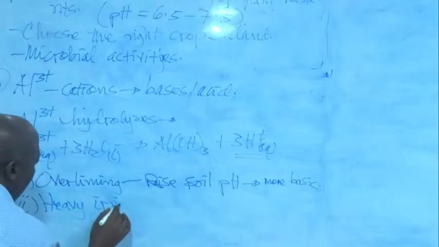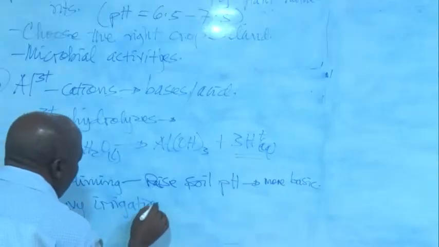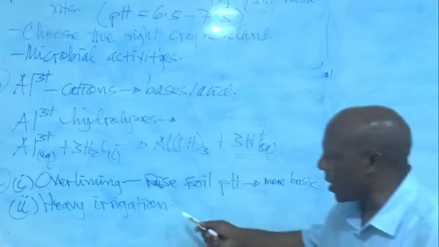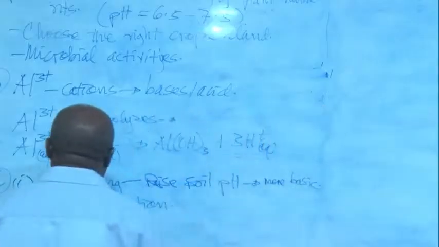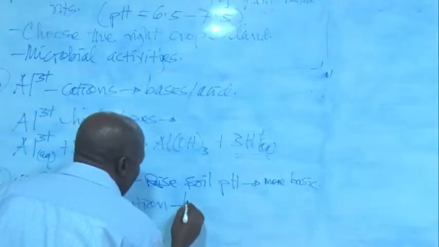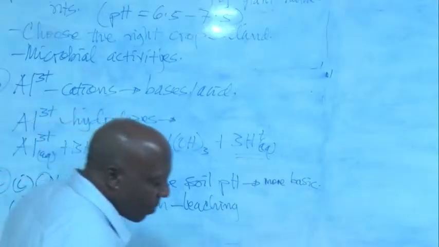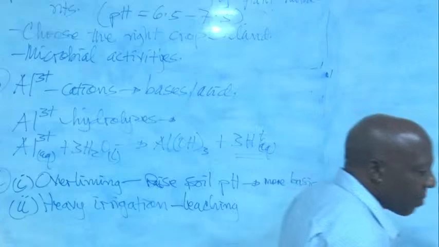The effect of heavy irrigation in the soil. Now this also can happen if it rains heavily. Heavy raining can bring the same effect as heavy irrigation. Heavy irrigation leads to leaching. Leaching is the downward movement of soluble bases.